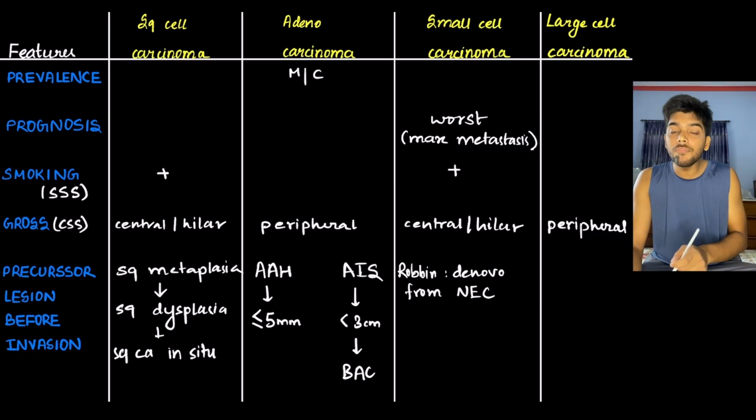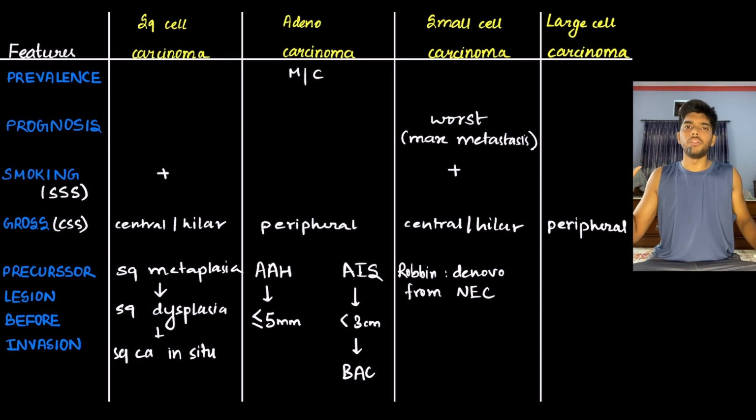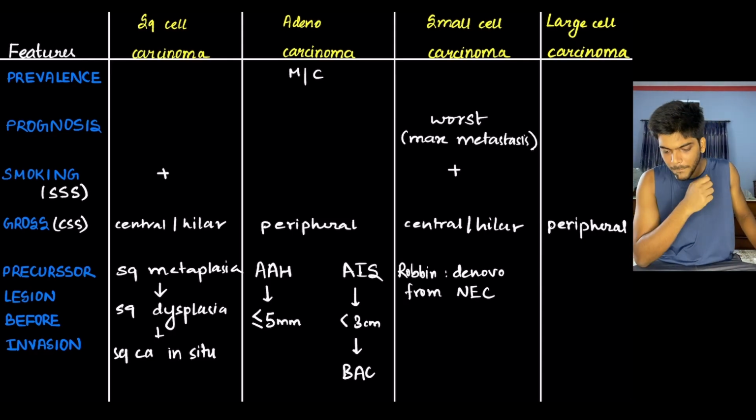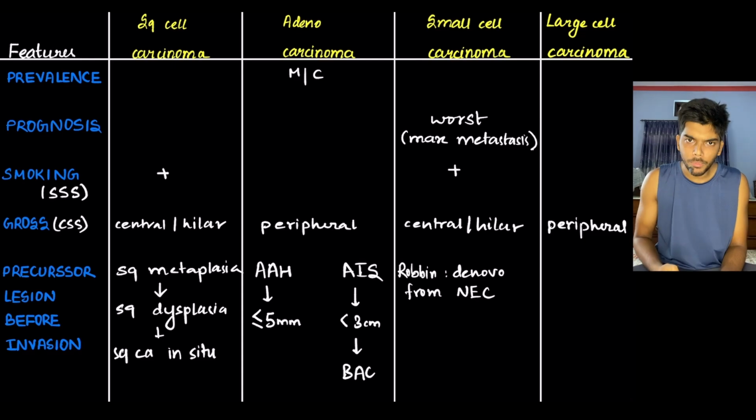The advantage of knowing neuroendocrine tumor beforehand is that the basic characteristics of neuroendocrine tumor are the same for all types of neuroendocrine tumor.